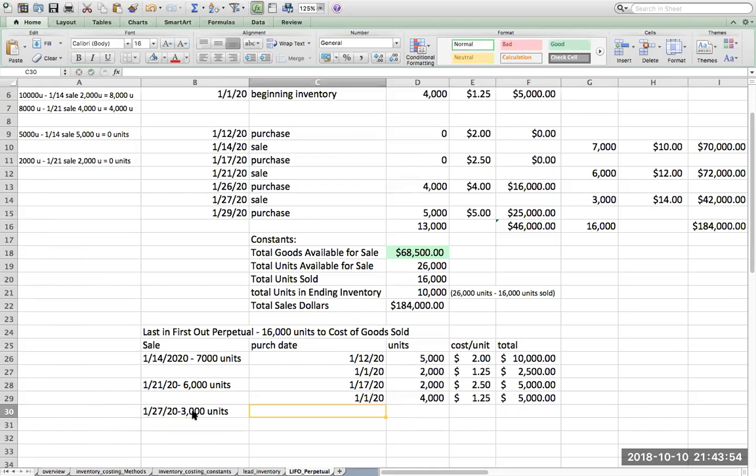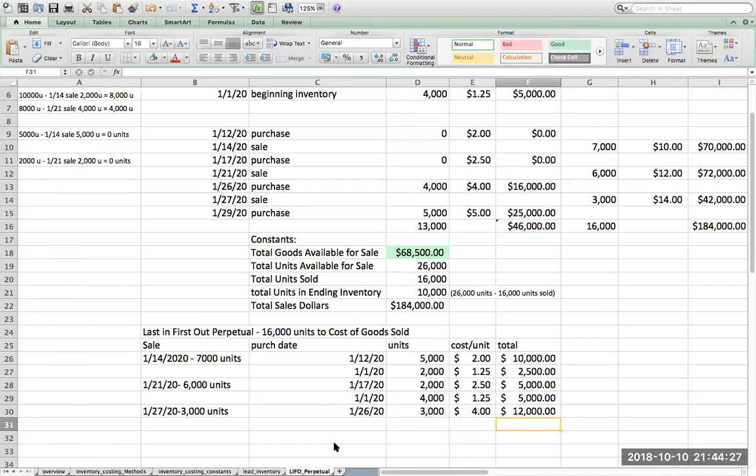So for these 3,000 units that I sold on January 27th, I'm going to go into last in, first out. So here, my purchase, where I'm going to pull these 3,000 from, is from this January 26th purchase. For these 3,000 units I sold, the cost was $4 per unit.